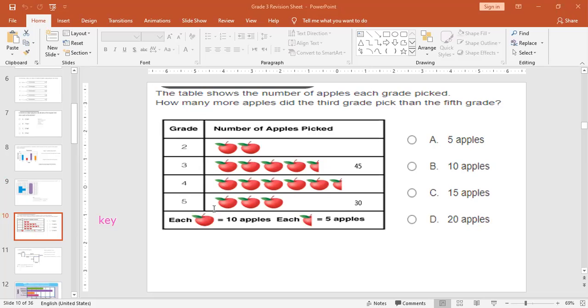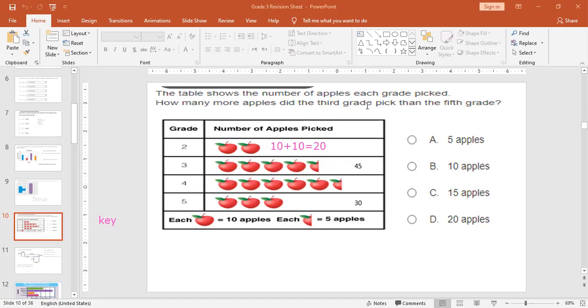A key says that each apple equals 10 apples and half an apple equals 5. So when I count here, I don't say 1, 2. These are 10 and 10, 10 plus 10, which is 20 apples. Okay?